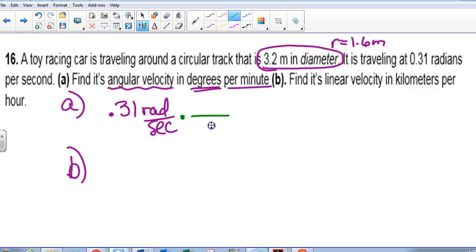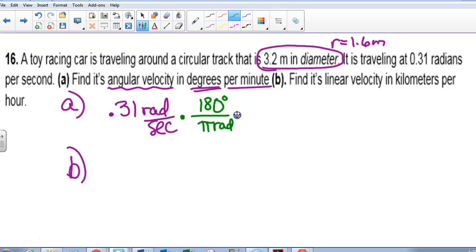Okay, what do you know about radians and degrees? What's the conversion for radians to degrees? 180 over pi or 2 pi and 360, doesn't matter. So pi radians is equal to 180 degrees.